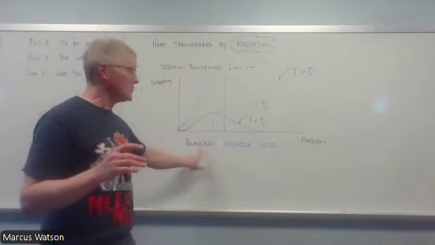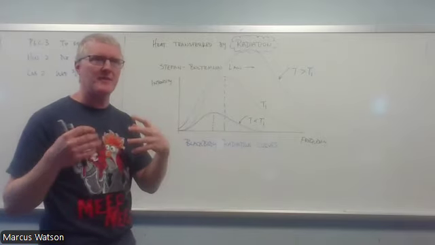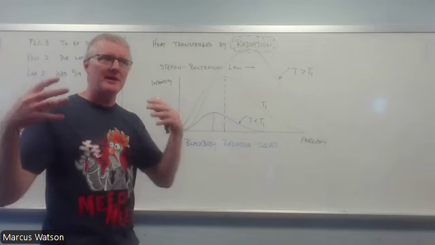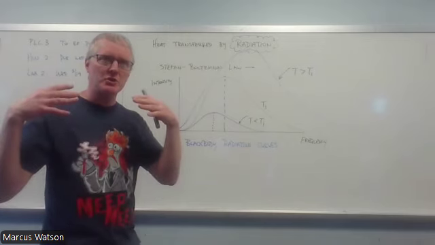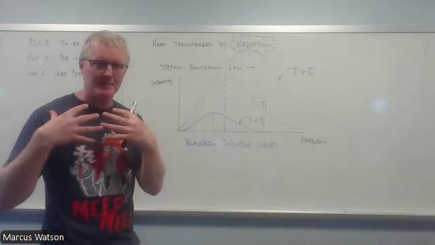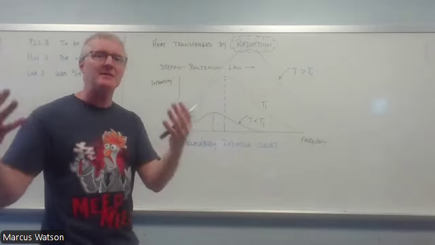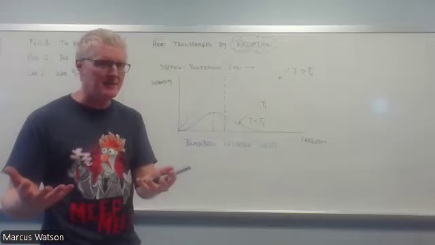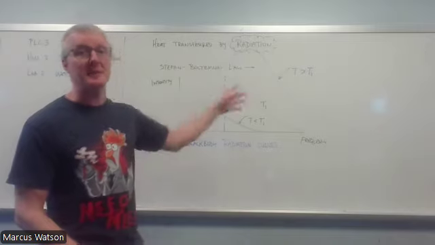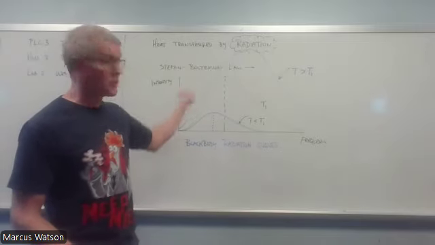We use the word black body because that's a theoretical construct, an object which absorbs all radiation incident upon it. And that means it reflects none. And then it radiates perfectly based on its temperature according to this curve.